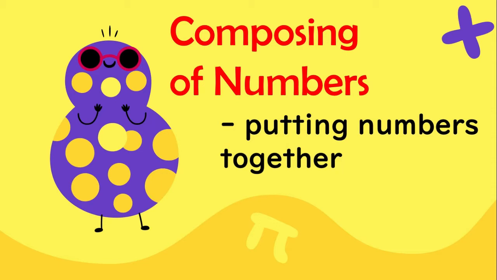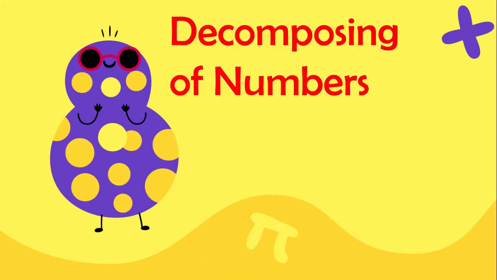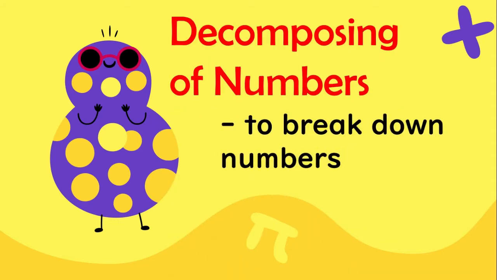Composing of numbers means putting numbers together. So if we're going to put 2 numbers together, that's what we call composing or forming of numbers. And it's decomposing of numbers if we're going to break down the numbers. So if we're going to sort it out, if we're going to break it down, then that's what we call decomposing or breaking down of numbers.